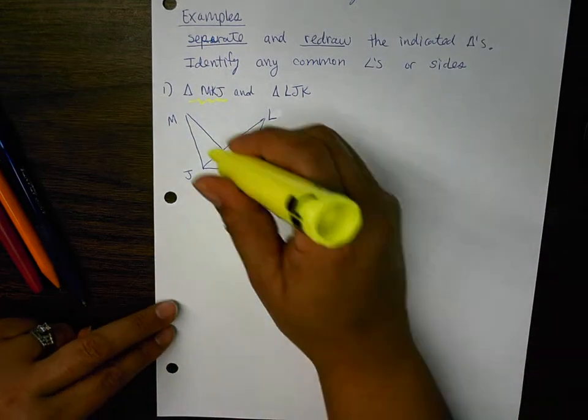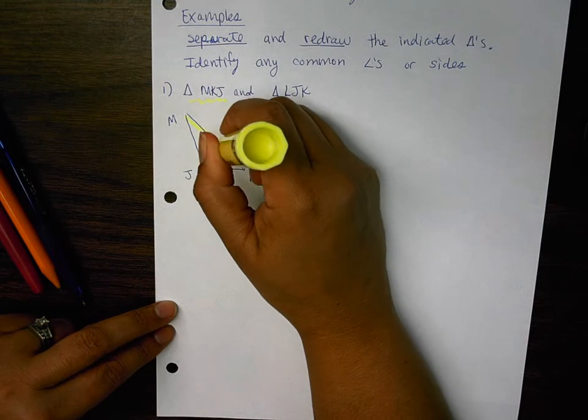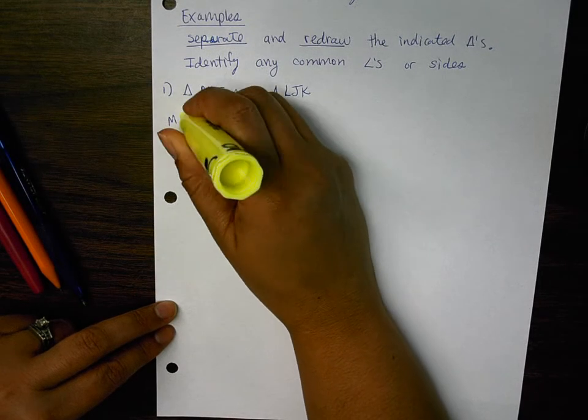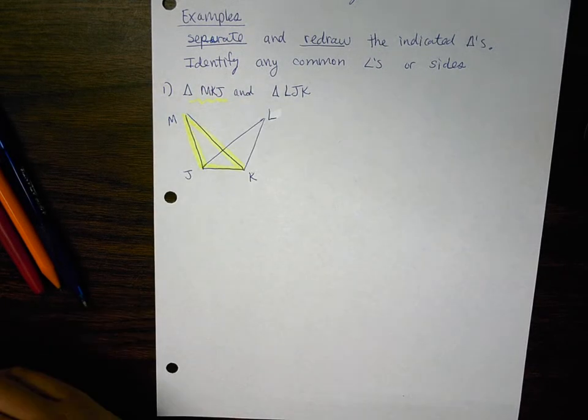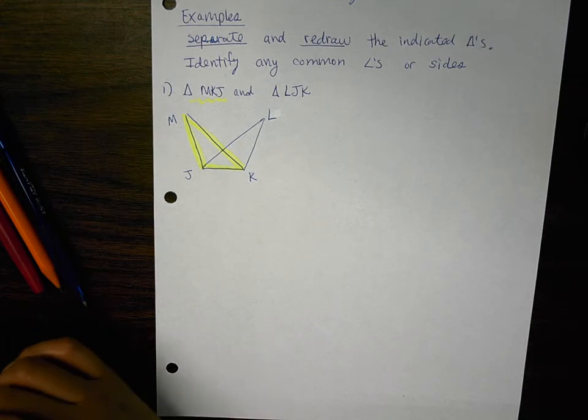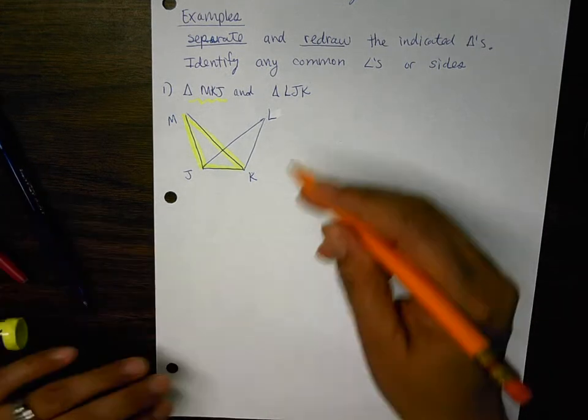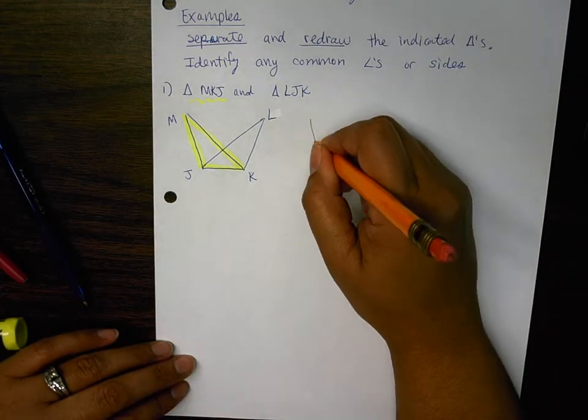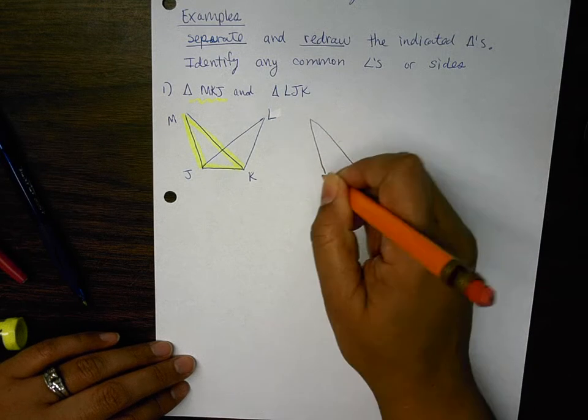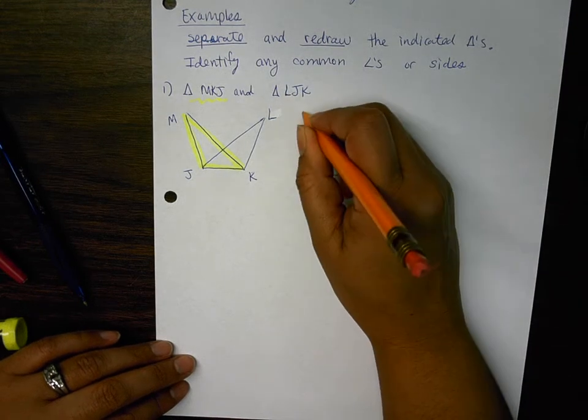All right. First thing I'm going to do is highlight the MKJ. Whatever color you're using is up to you. It helps you to see the triangles, that you have overlapping triangles. And I'm going to redraw that over here because it did ask us to redraw.